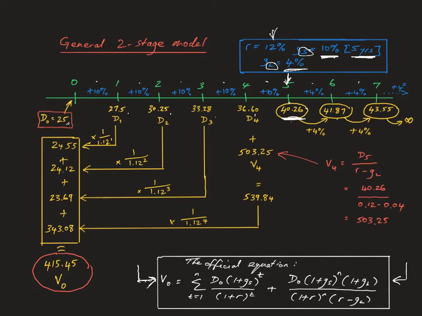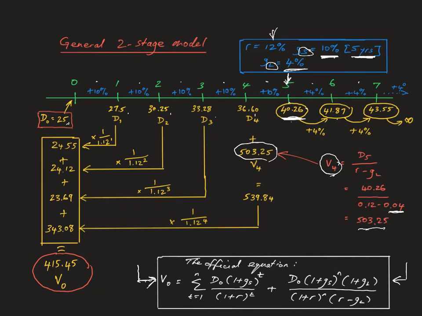If we have a perpetuity starting at T5, we can value it at T4 with reference to the T+1 dividend, in this case the dividend at T5, divided by the required rate of return, which, by the way, is constant throughout the situation. It remains at 12% throughout, and the long-term growth rate of 0.04 gives us a value at T4 of that perpetuity of 503 Rand and 25.